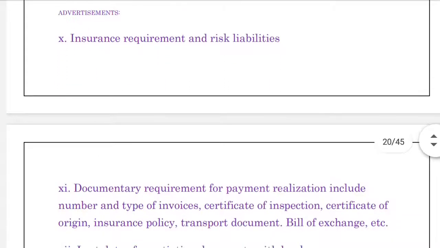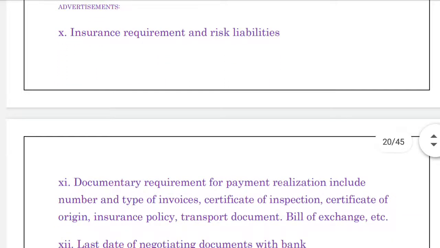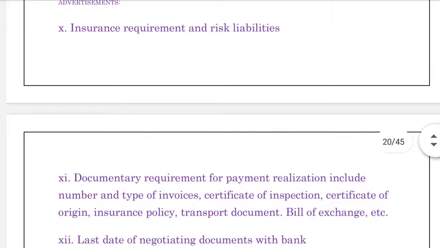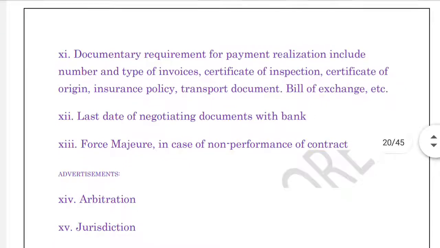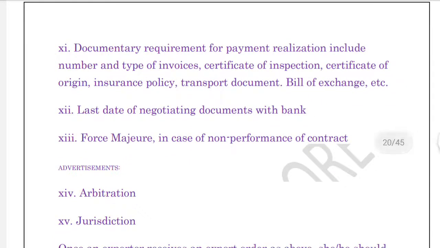This will also be a very important point while examining the purchase contract as an export contract. Documents required for payment realization include the number and type of invoice, certificate of inspection, and the original insurance policy. Means what documents we need to submit to the bank should also be examined.